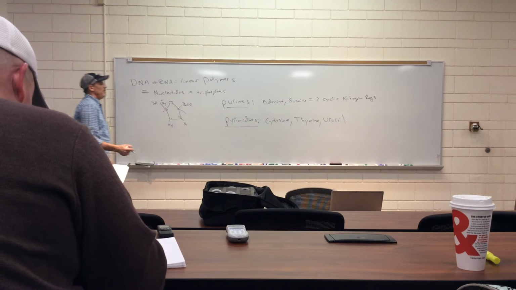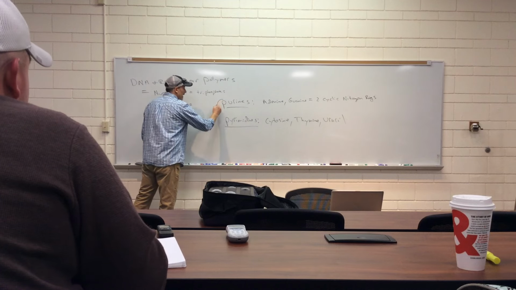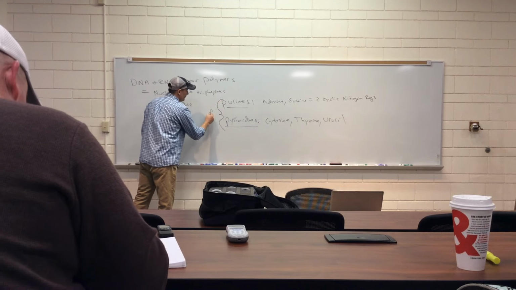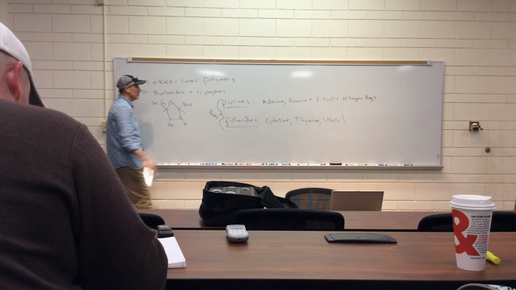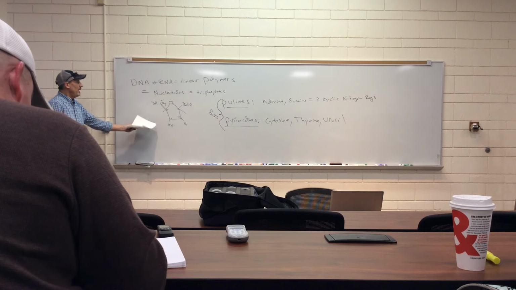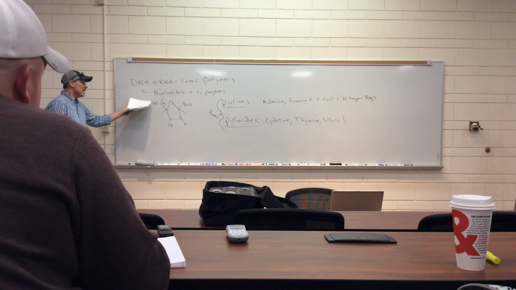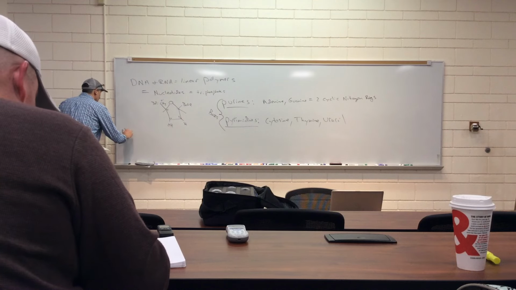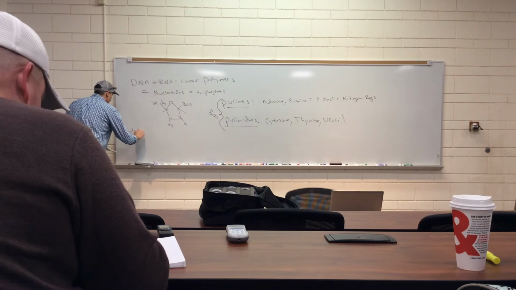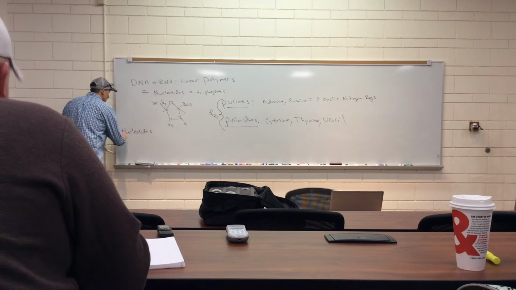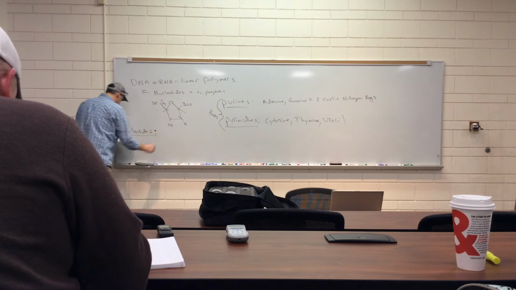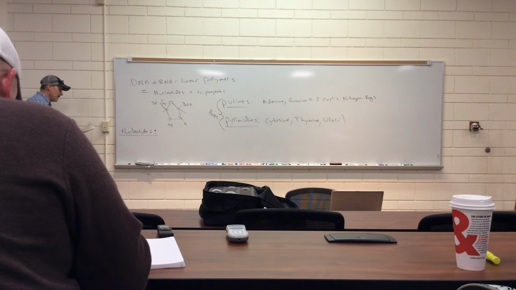So when we describe the bases by themselves, we use this terminology. When they're actually part of the nucleotide, remember, we get a name change. Sometimes I mess up and use them back and forth synonymously, but usually I try not to.